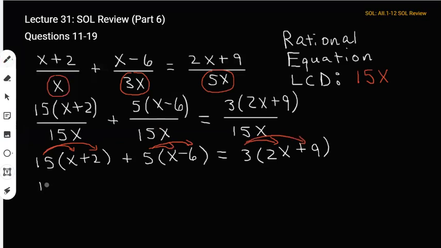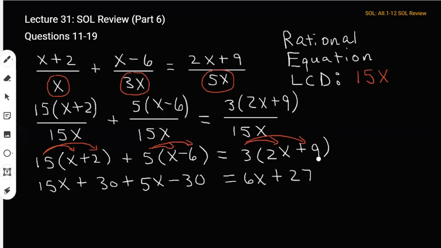So when I do that, I get 15x + 30. Over here, I'm multiplying by 5, so I'm going to get 5x - 30. And then over here, I get 6x + 27, I think. Yeah, 3 times 9. So now I've got like terms, right?